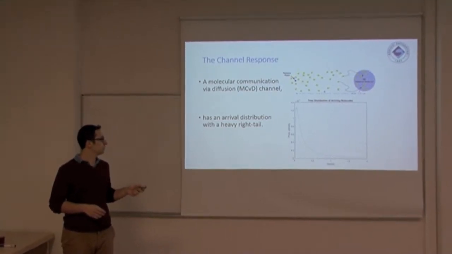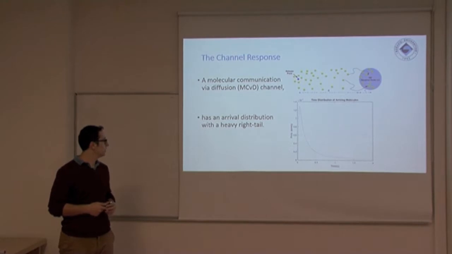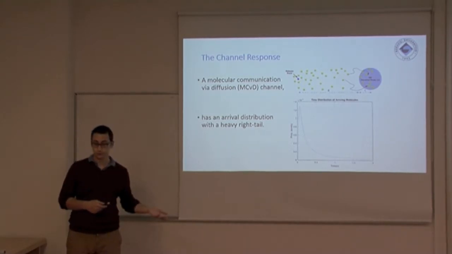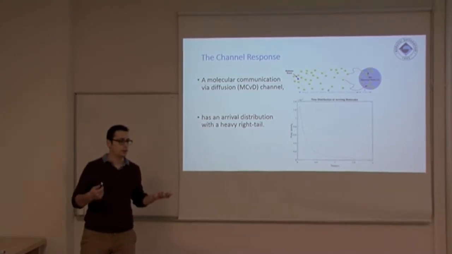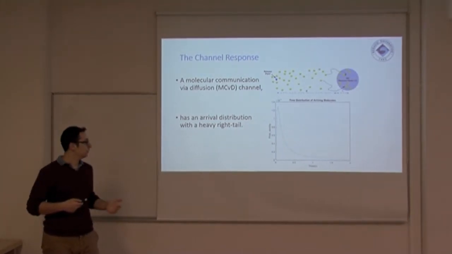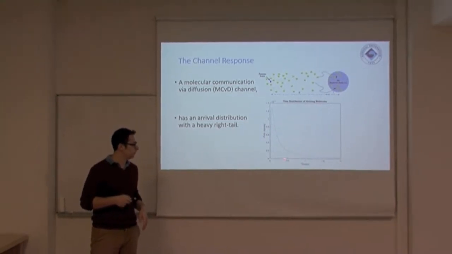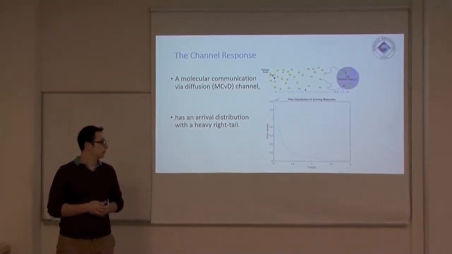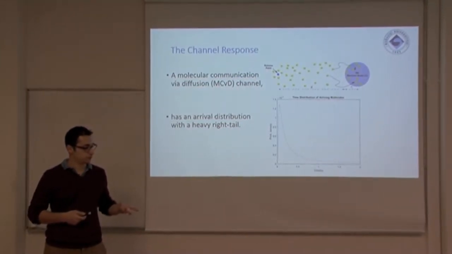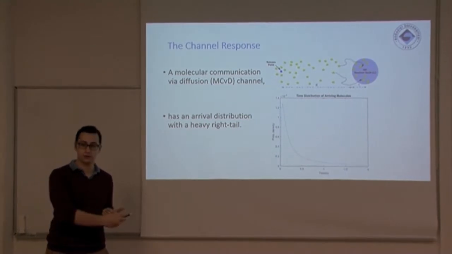When we have this scenario, we have an interesting curve that has a heavy right tail. This is a big problem for us, considering we're trying to communicate as fast as possible. The molecule arrival probability in the tail of the distribution hinders us from pushing our boundaries and going higher in terms of communication rate.